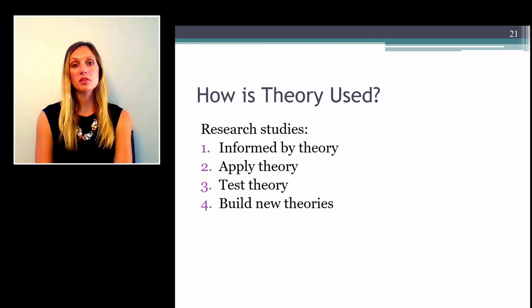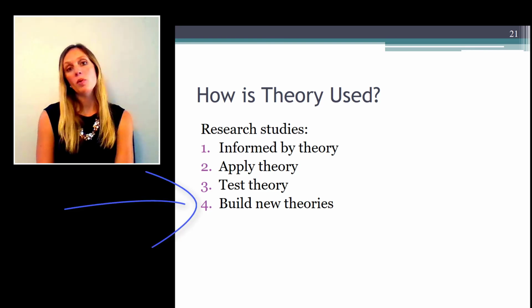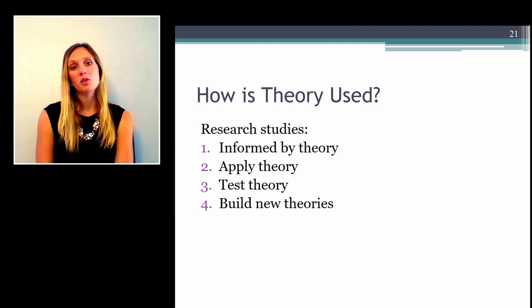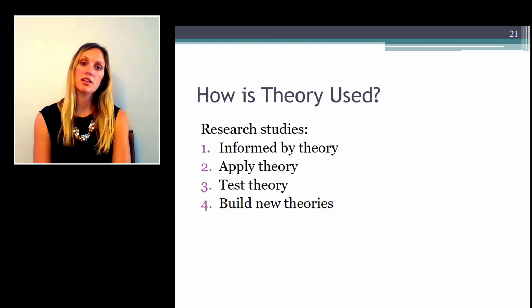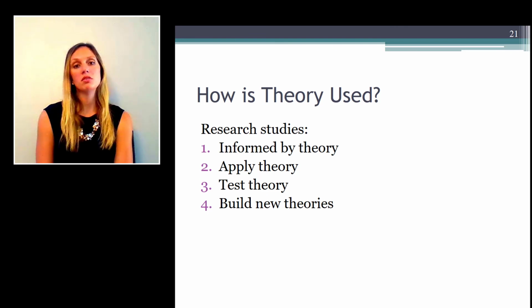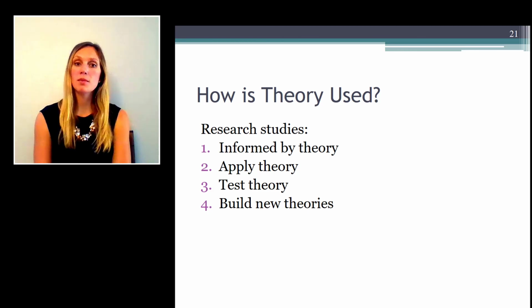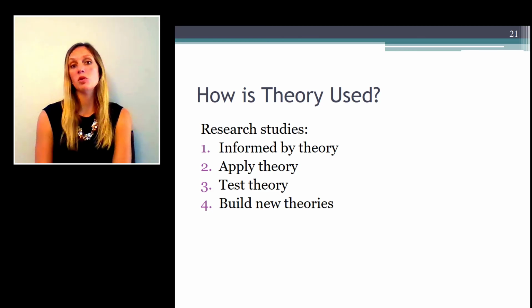Now, a similar design can be used to build new theories. When we want to build a new theory, we need to know if it works better than an existing theory. And so what we'll typically do is we'll design an intervention or a measurement tool based on an existing theory, and then simultaneously we'll develop an intervention or a tool based on our new theory that we want to propose, and we'll run them simultaneously and see which one worked better.